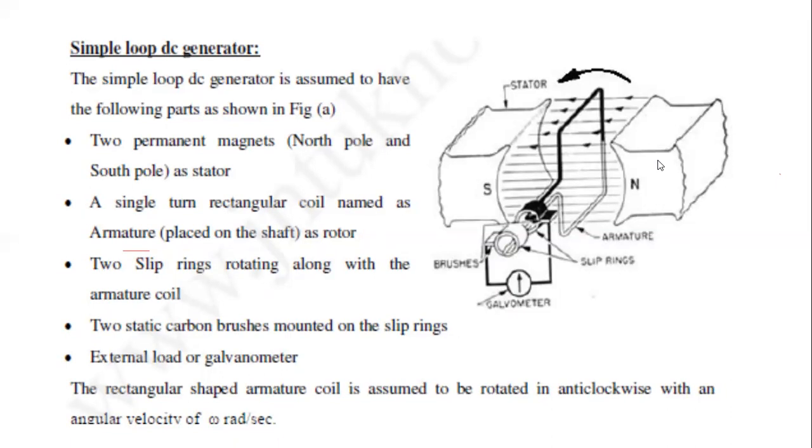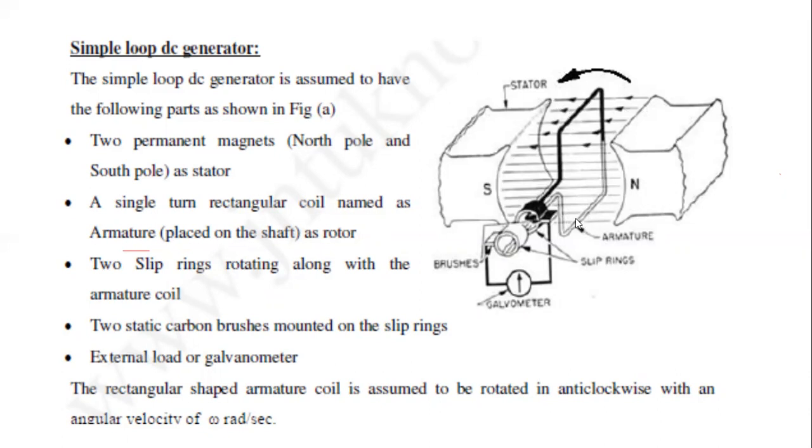We are considering a two pole machine: the first one is the north pole and the other is the south pole. In between the north and the south pole, we are taking one rectangular conductor.